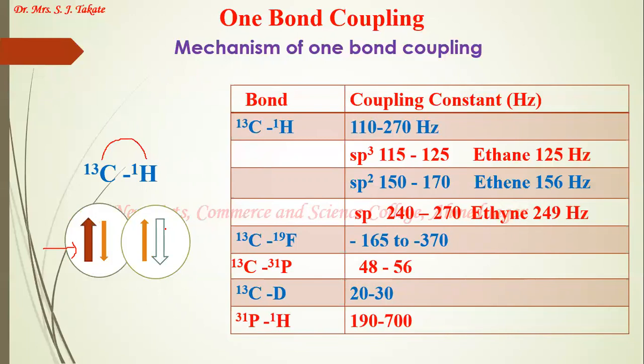I have shown one situation where this proton nucleus has its spin opposite to the carbon 13 nucleus, or the nuclear spin of this proton is in the downward direction. The electron close to that nucleus takes its spin orientation opposite to this nuclear spin orientation.